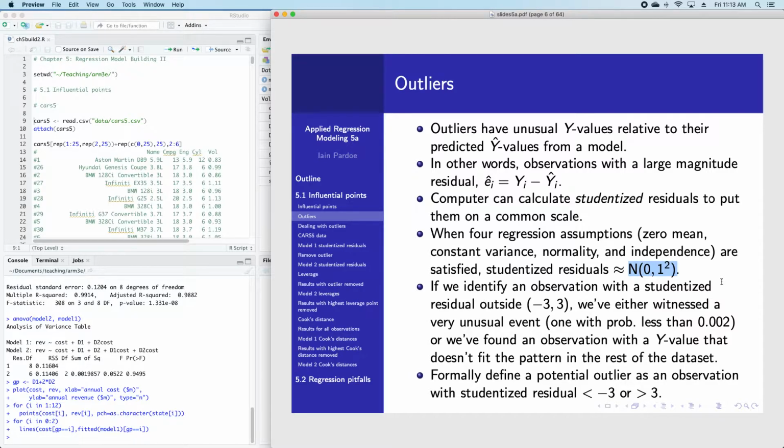If we were to see a data point with a studentized residual outside plus or minus 3, then we've either witnessed something that's extremely unusual, and thinking about probabilities associated with a normal distribution, what we're talking about here is something that's got a probability of less than 0.002, so very small probability, or we found an observation that has a y value that doesn't fit the pattern in the rest of the data set, and so we need to think about what we're going to do in that circumstance.